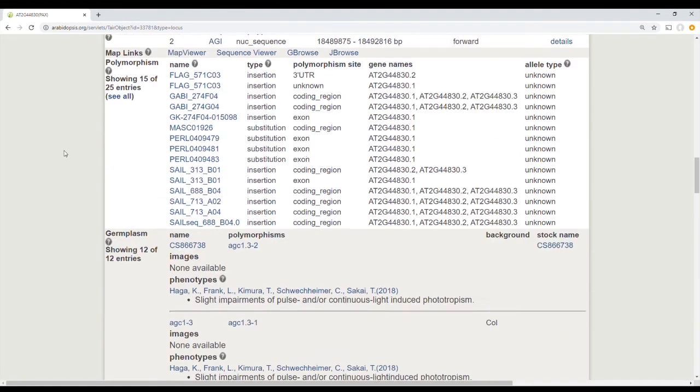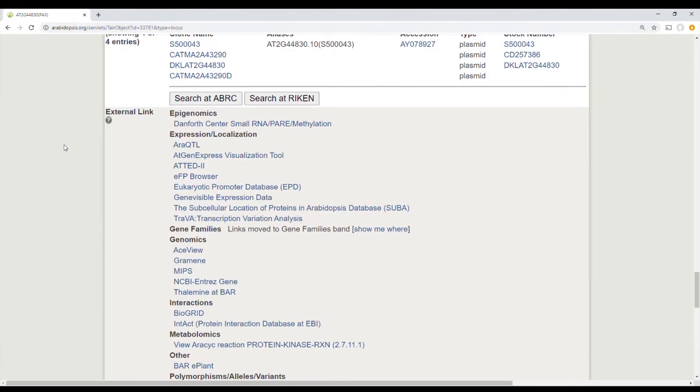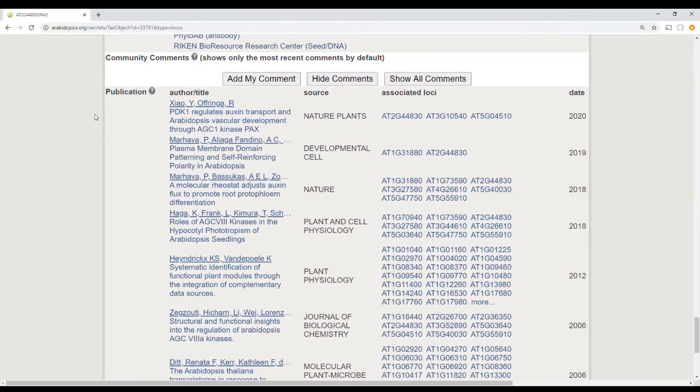So as you scroll through, this also has recent publications on this gene, and this shows that in 2020 there was a paper that cited this gene in particular, published in Nature Plants, and it's involved in auxin transport.